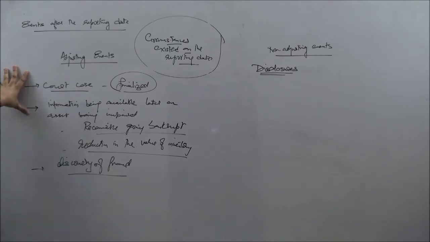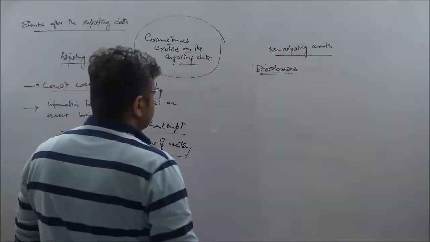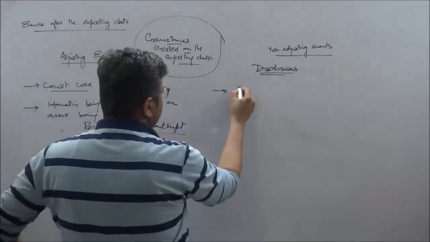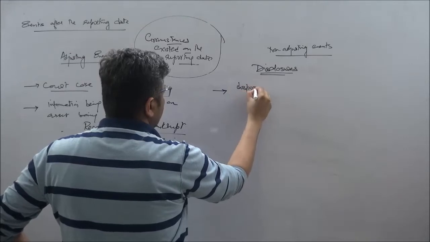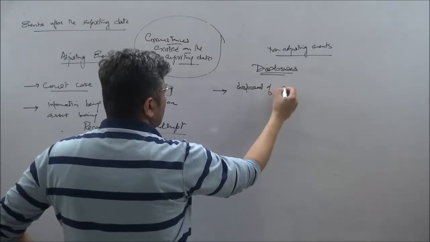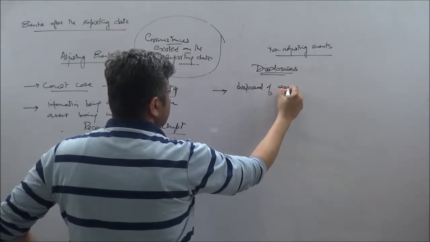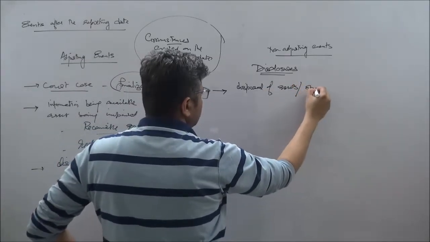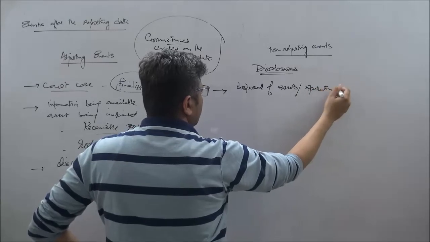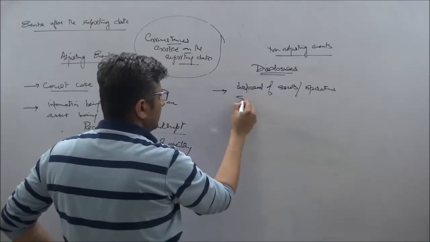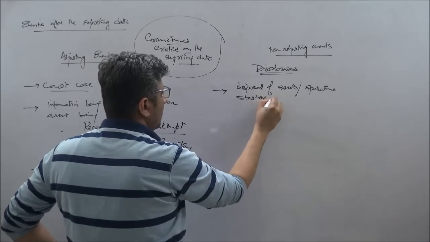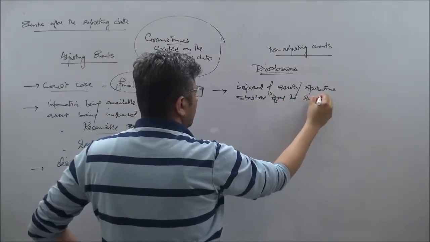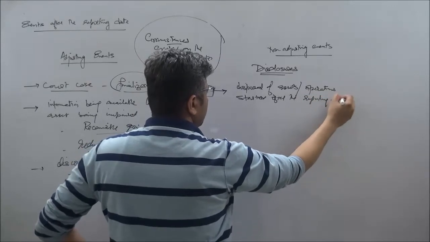Okay, and then if I look at non-adjusting events, an example could be, let's say, disposal of assets or even operations which has started after the reporting date.